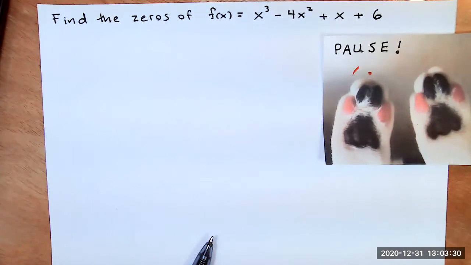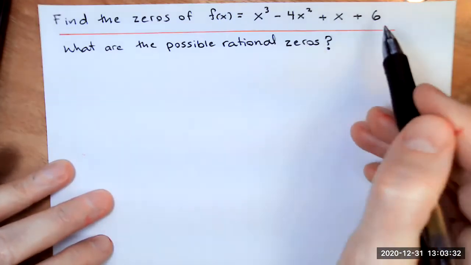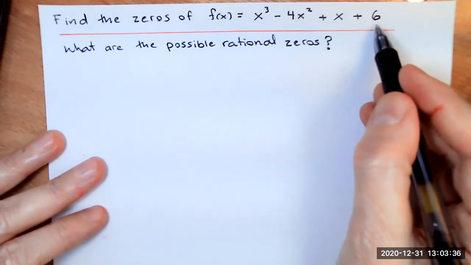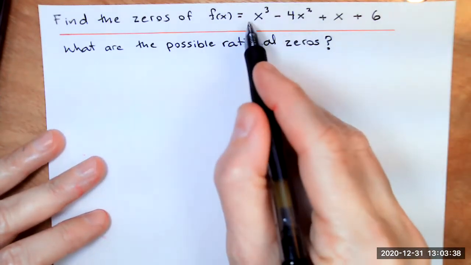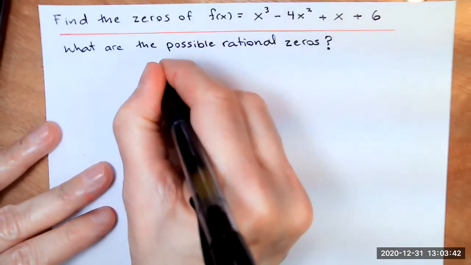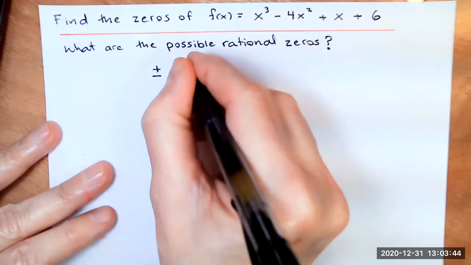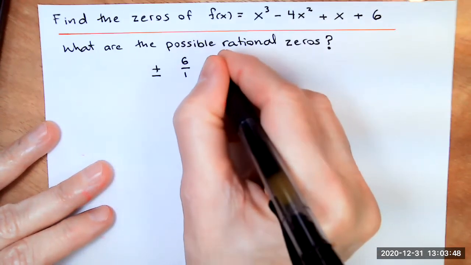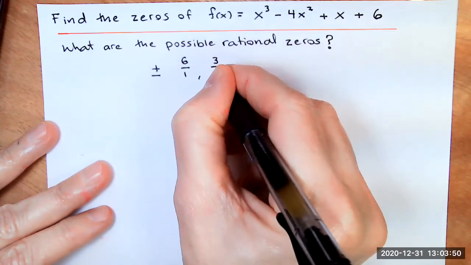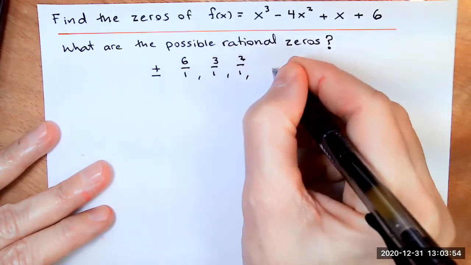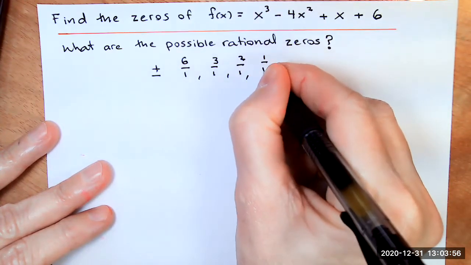So we take all the possible factors of 6 and divide them by all the possible factors of 1. So it's going to be 6 over 1, 3 over 1, 2 over 1, or 1 over 1.